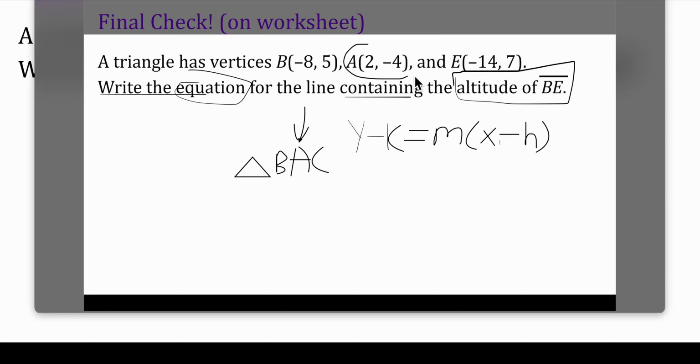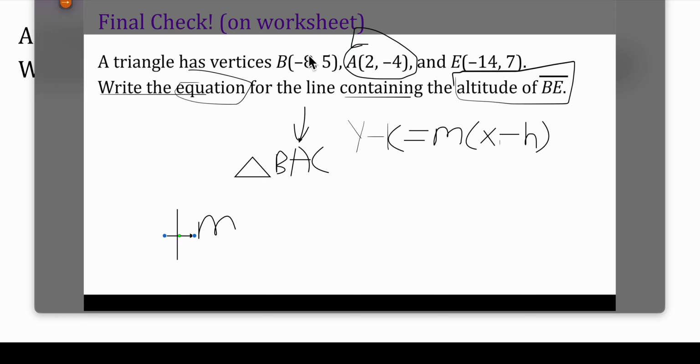So this is our middle that we're going to substitute into this equation. We are trying to find the perpendicular slope, which means we have to make the slope the negative reciprocal.